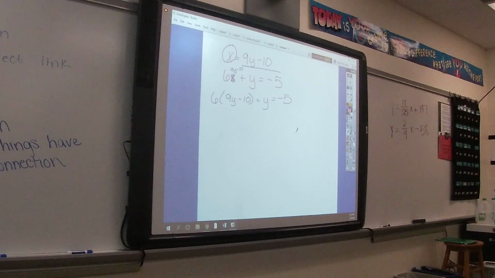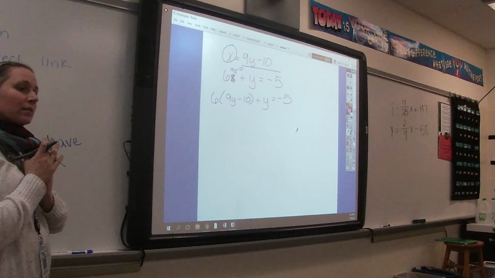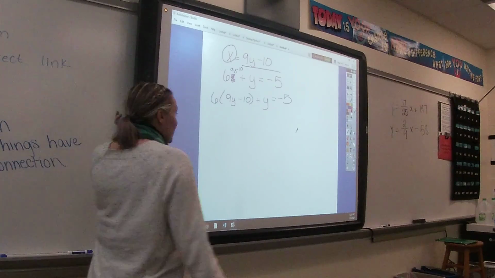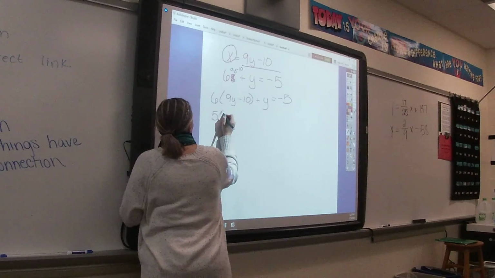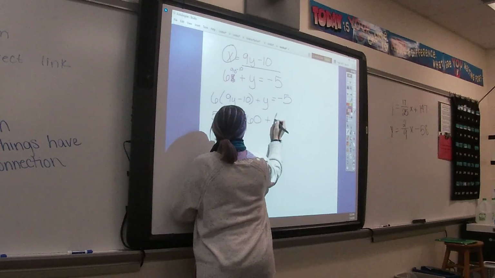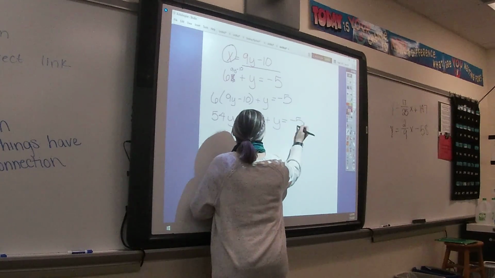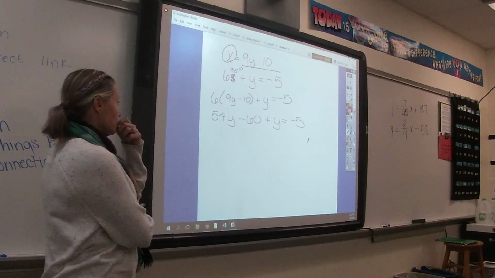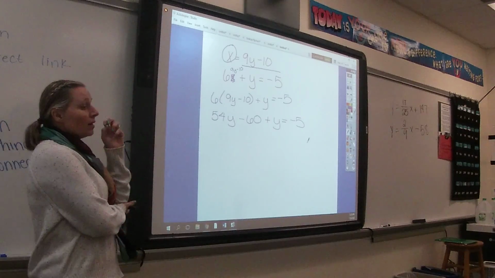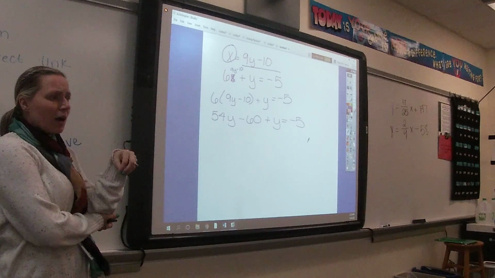And hopefully then when we look at this, what does our brain say? Distribute. We know how to do this, correct? So we can distribute. What are we going to do after we distribute? Combine like terms. Are they on the same side or opposite sides?